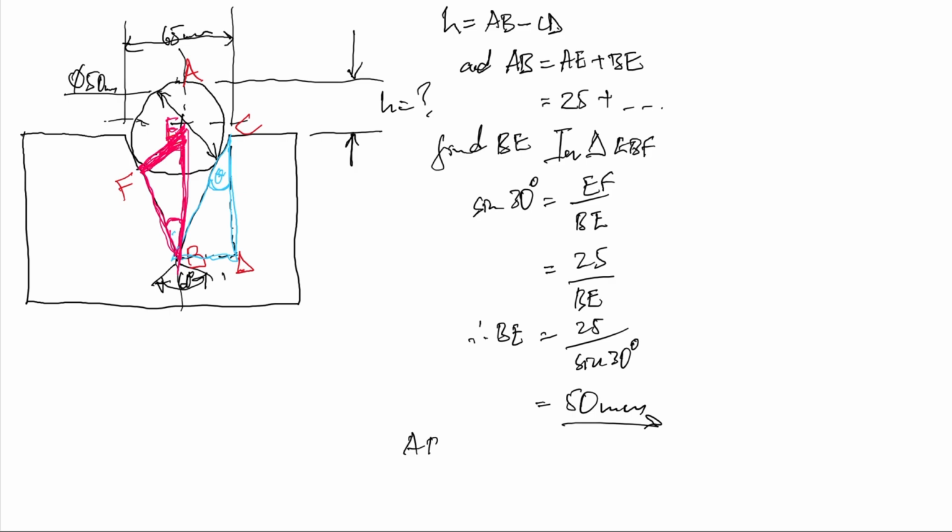Now AB, like we said when we started, is equal to AE plus BE. So we can remove the BE and put 50, and say AB is equal to 25 plus 50, and that gives us 75 millimeters. So 25 is for AE, 50 is for BE.